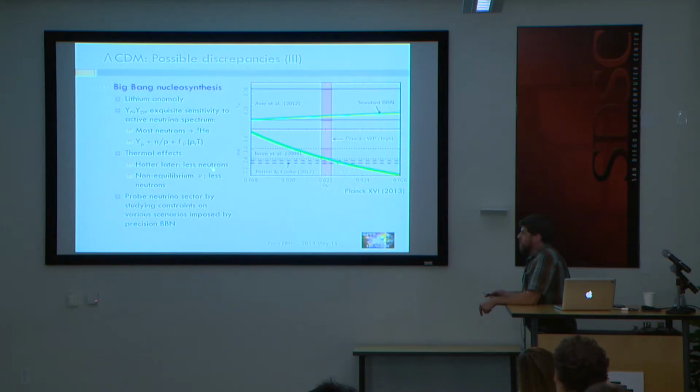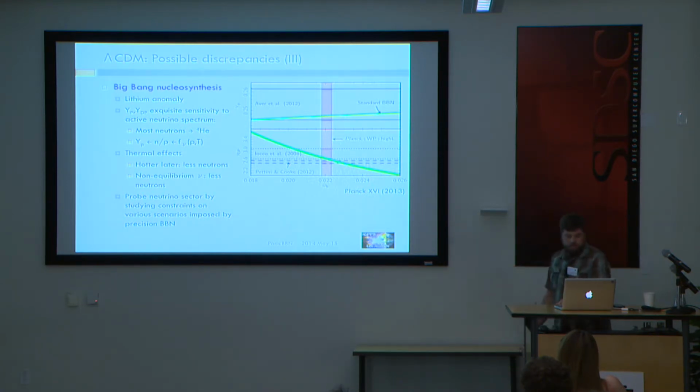You'll have fewer neutrons, and that will affect significantly things like helium and deuterium abundance. You can also have late decay of heavy particles like sterile neutrinos, which we'll talk about more tomorrow, resulting in fewer neutrons. So BBN really is becoming a very valuable probe of what's happening in the neutrino sector.